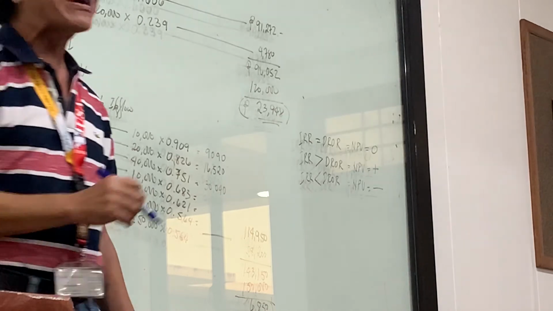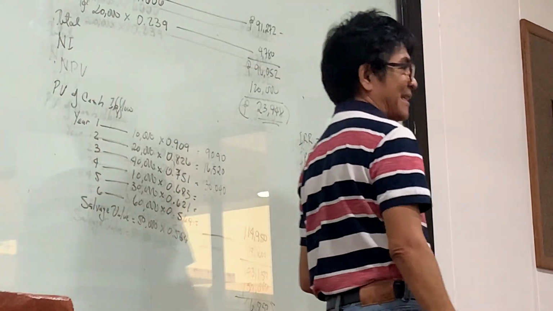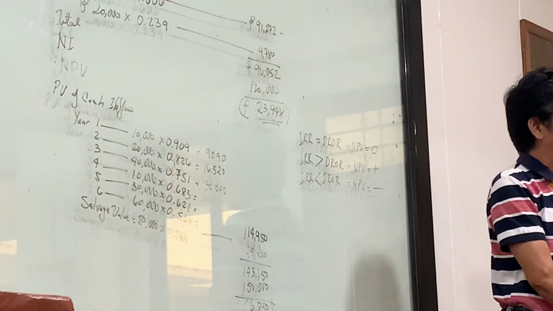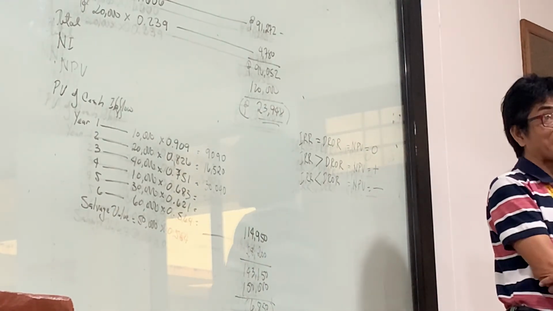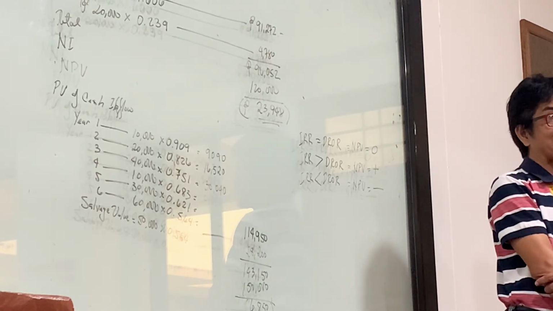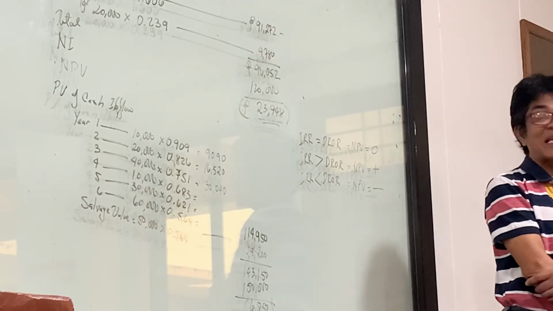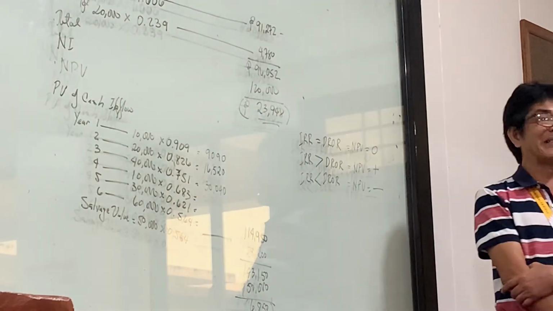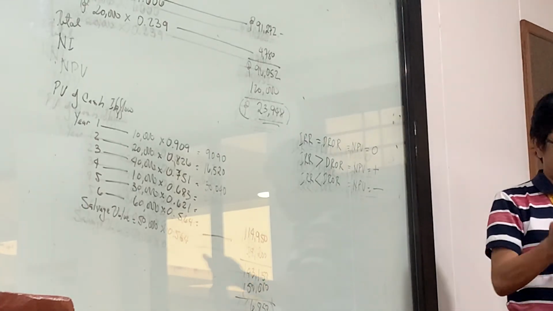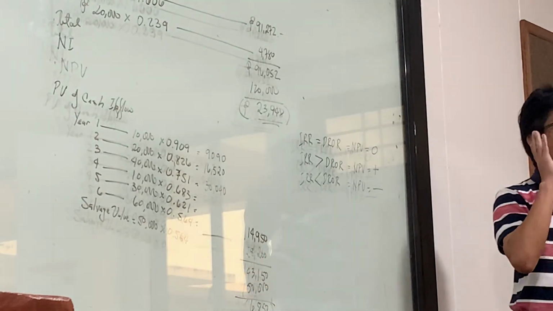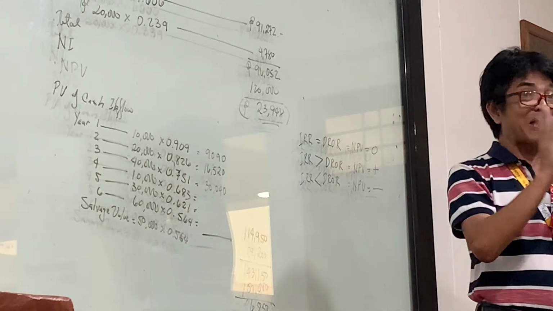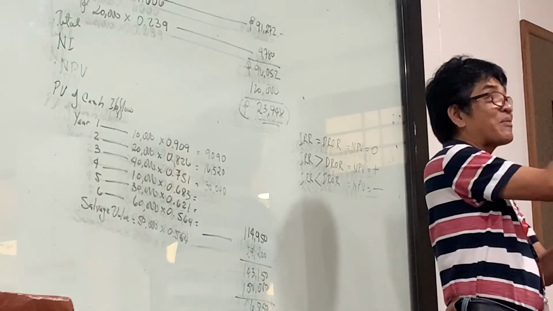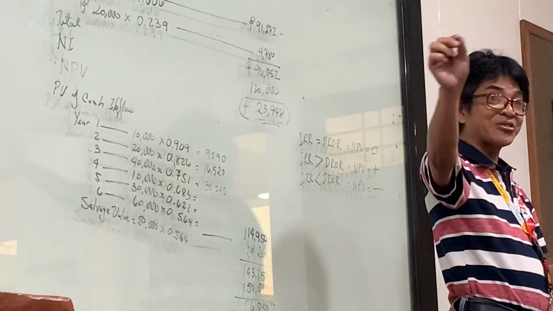So if your DROR is 10%, what percent is the IRR? Less than 10%. Okay? Now take note that if you look at a present value table, you will see the rates and certain factors.